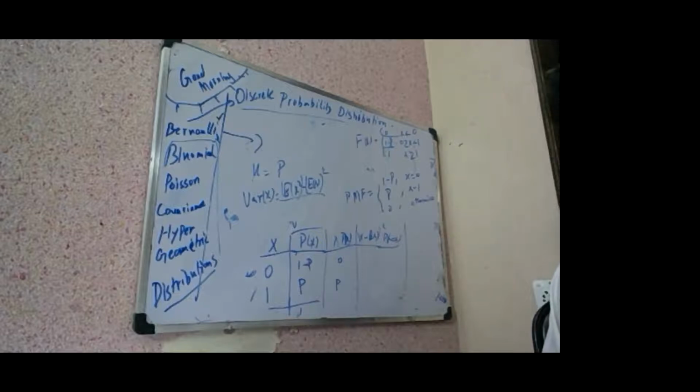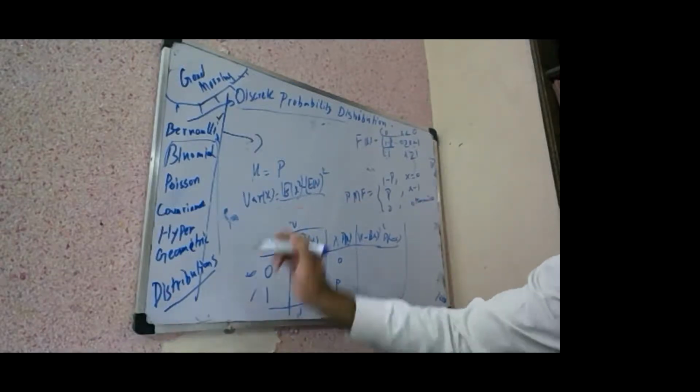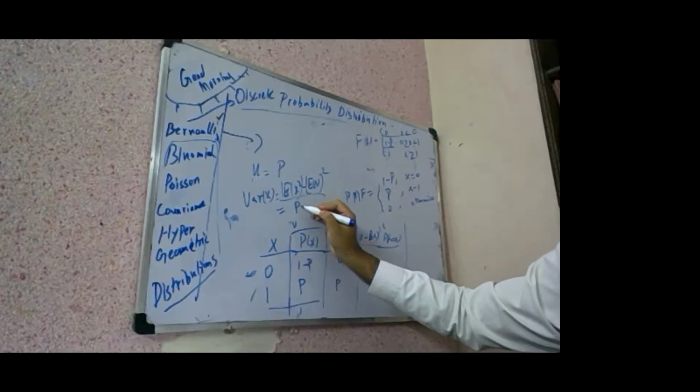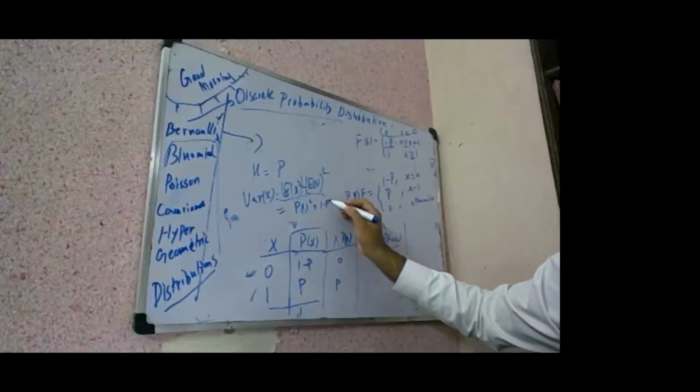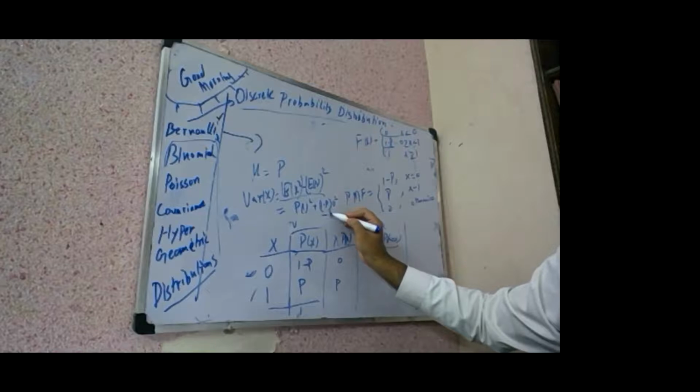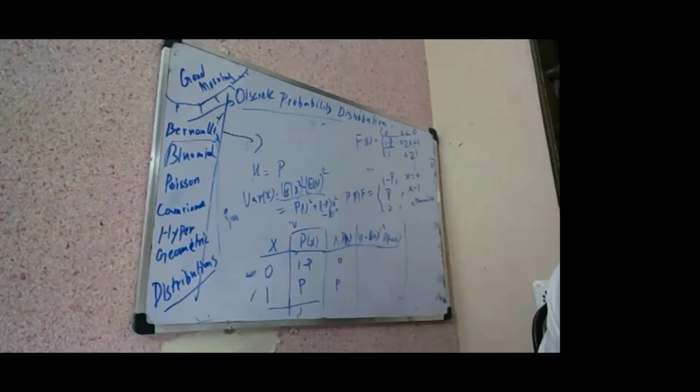X minus the expected value of X, the expected value of X is P. So it will be P into 1 square plus 1 minus P into 0 square, minus P square if you open it, because the expected value of X is this one.